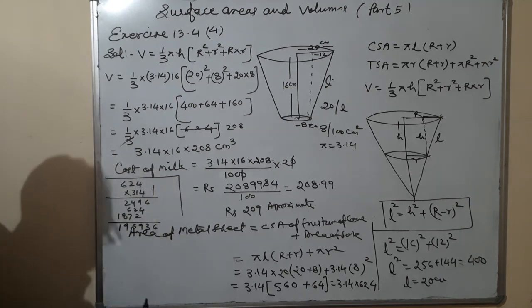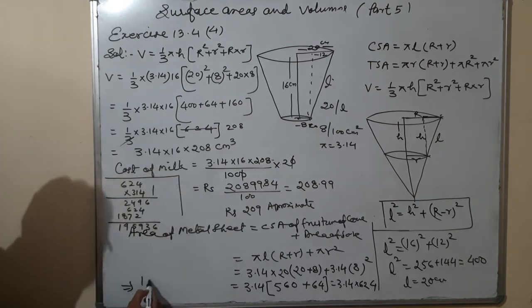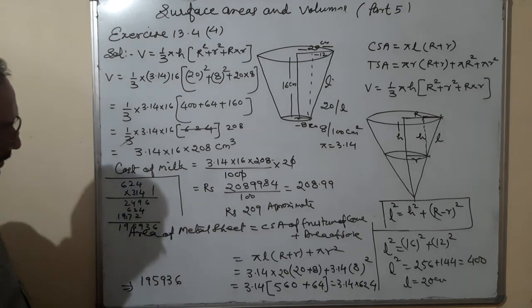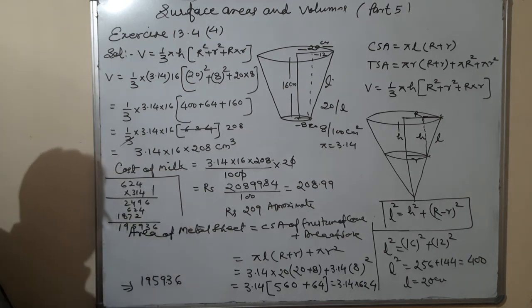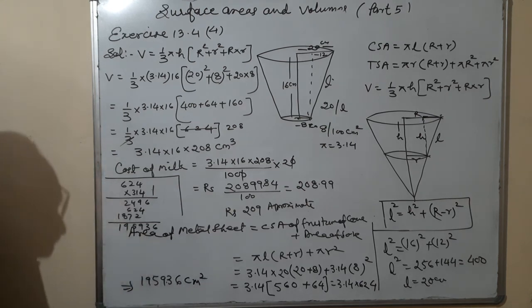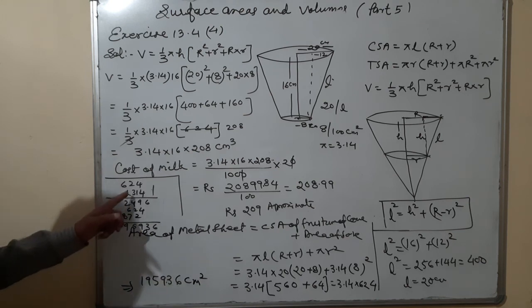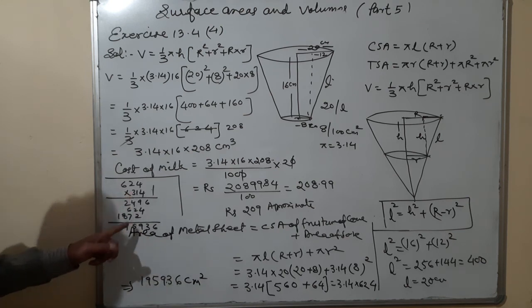This is 195936 and decimal after 2. 1959.36 centimeter square. What is it? It is centimeter square.